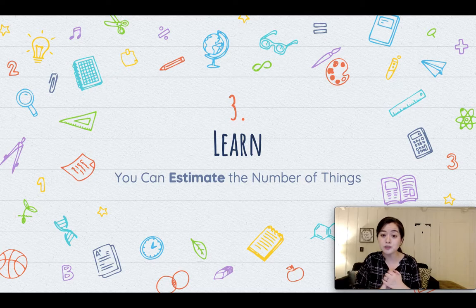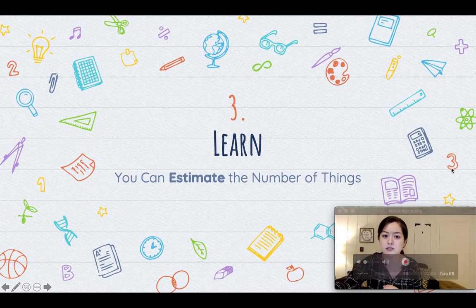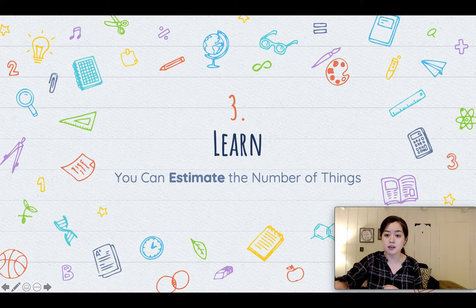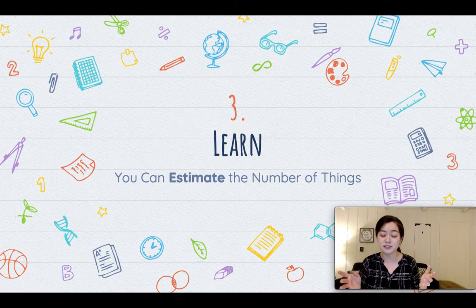So what we're going to do today is we're going to estimate the number of things. Look at this word right here. It says estimate. Estimate means not just to take a wild random guess.